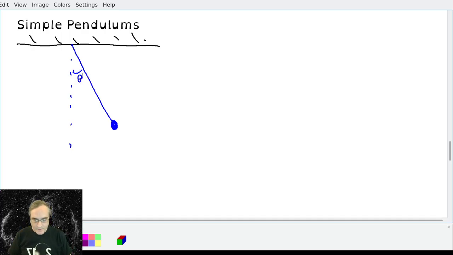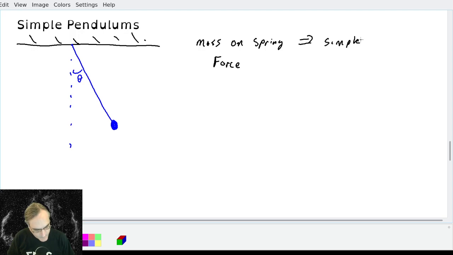So simple pendulums are kind of the torque equivalent of the mass on spring. So mass on spring uses force. Simple pendulum uses torque.